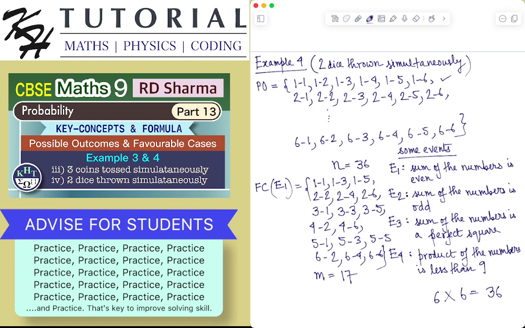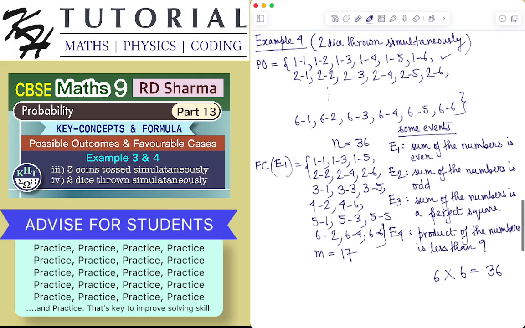Event E1 is that the sum of the numbers on the 2 dice is even. So 2 numbers give an even sum when they are both even or they are both odd. In that way we have to choose the outcomes. So the probability of the event E1 will be 17 by 36.